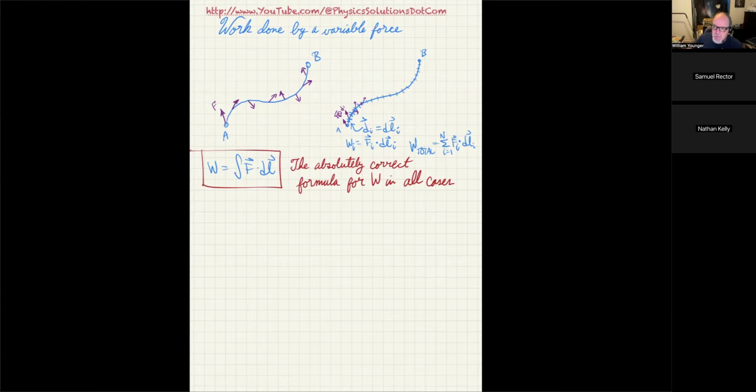That path integral, you have to let the integration process know which direction you're going. And the direction you're going is indicated either by the dL vector, because it points in the direction of integration, or by the limits of integration from A to B, for instance, because A is your first point and B is your last point. But you only do one of those.